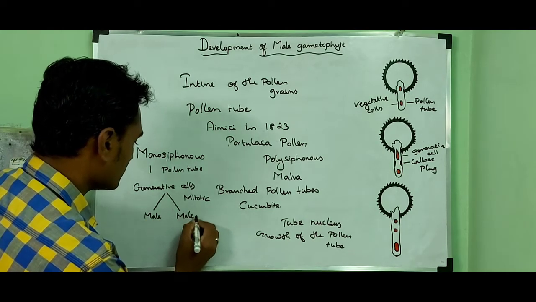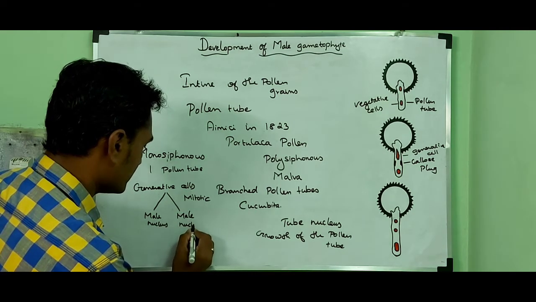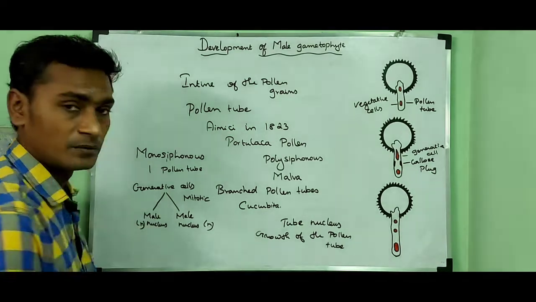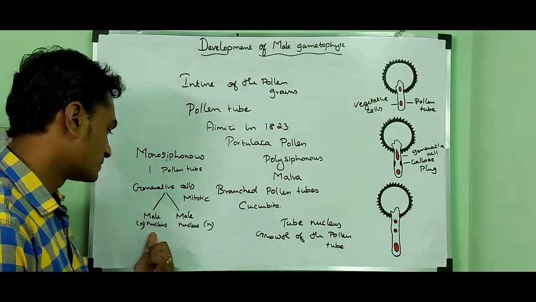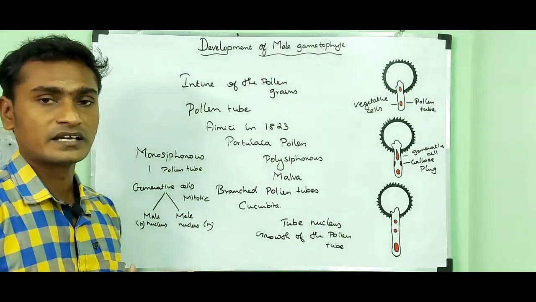Male nuclei. They are haploid in nature. The generative cell undergoes mitotic cell division and produces two male nuclei. They are called male gametes.